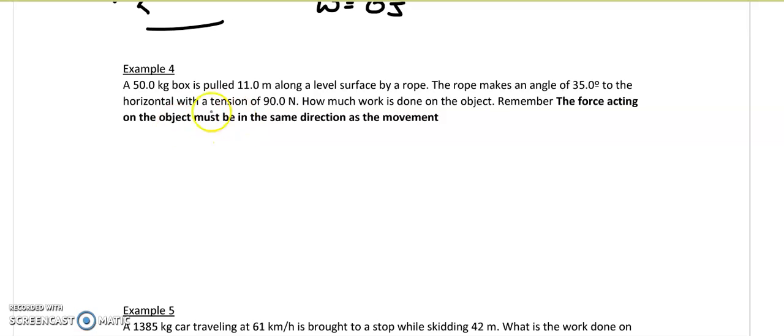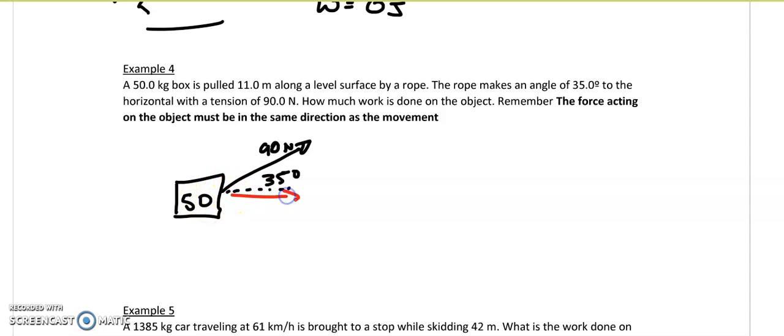So taking a look at a little bit more complicated situation here, where we've got this 50 kilogram box. Now it is being pulled 35 degrees by a 90 newton force this way. Now, some of this force is moving this way.